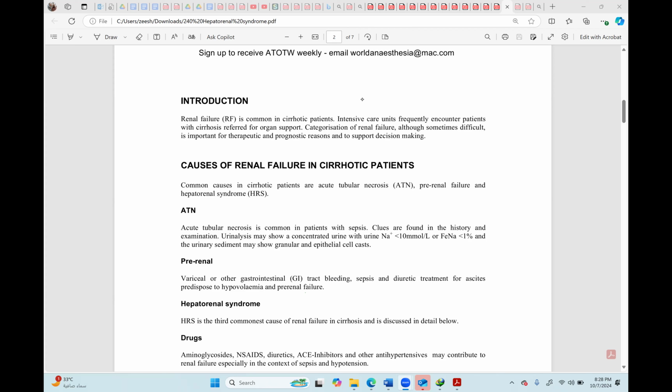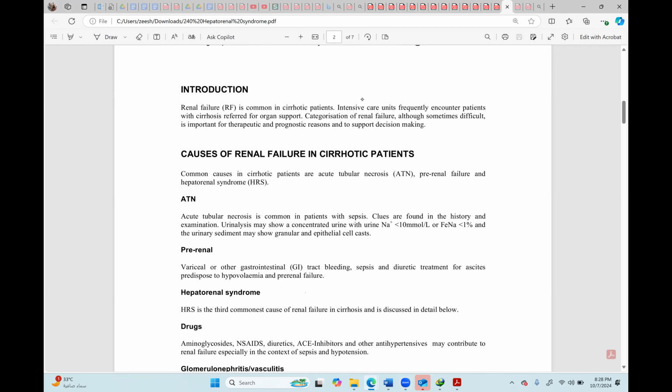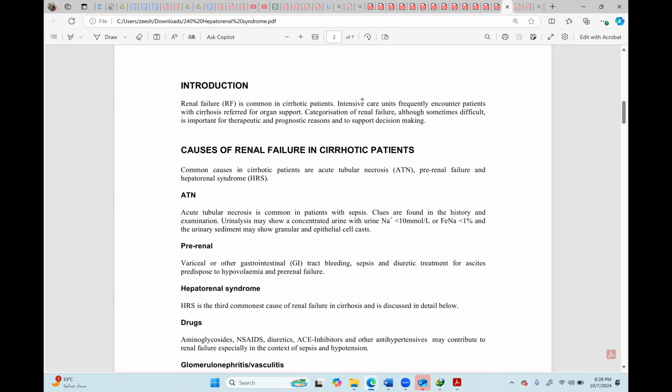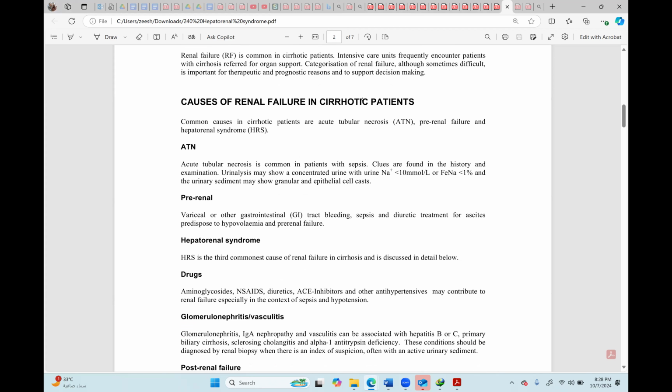Some of the causes of renal failure in a cirrhotic patient or liver failure patient: one of them is ATN. Clues are found in the history. Urine analysis shows urine concentration, urinary sodium less than 10, and FeNa, fractional excretion of sodium, less than 1%.